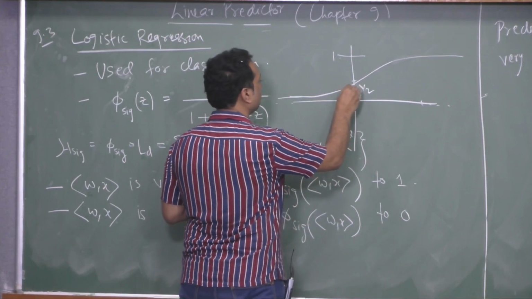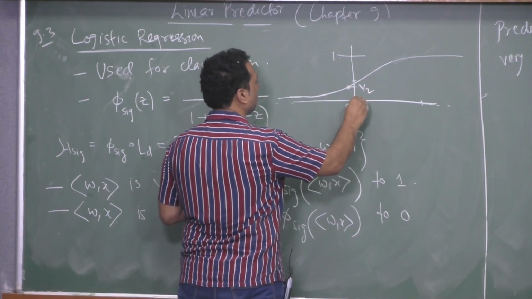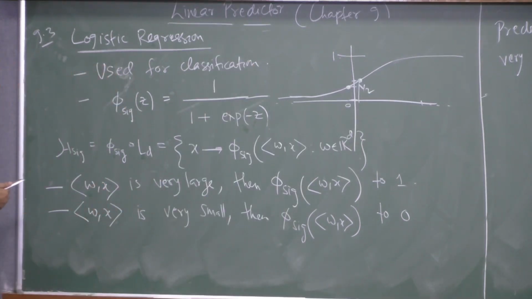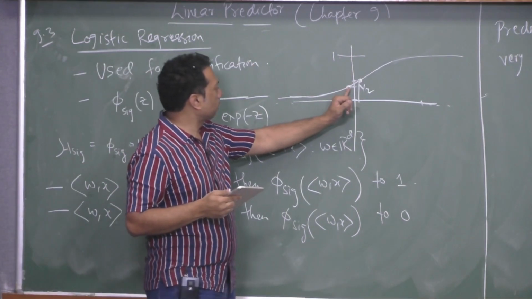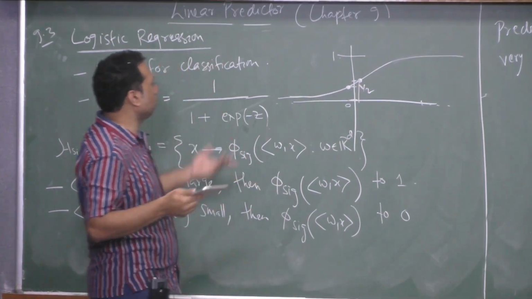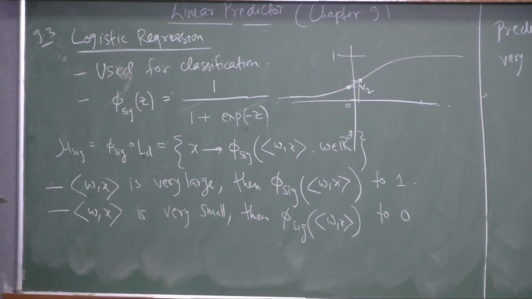Now it's up to you to tell whether this is in the negative class or this is in the positive class. Obviously you have to make a decision anyway, but in the sigmoid case it's giving you values where you can tell how far it is from the other class.